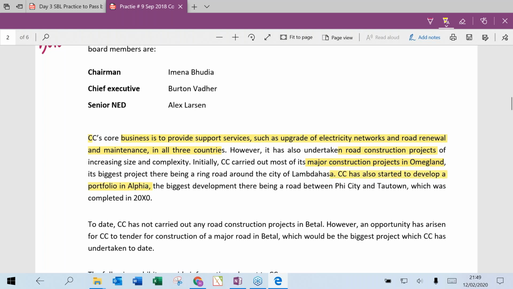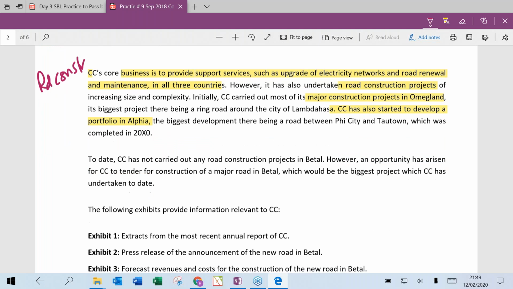Okay. So what's the core business? Road construction and support. Okay. And major projects in Omegaland and Alfia. To date, CC has not carried out any road construction projects in Beetle.